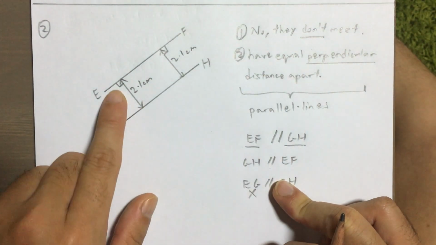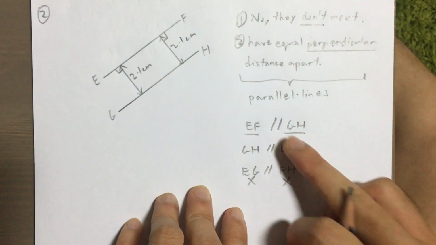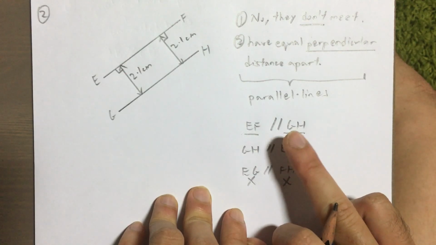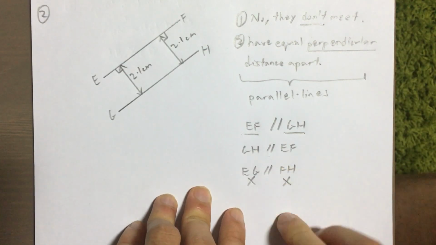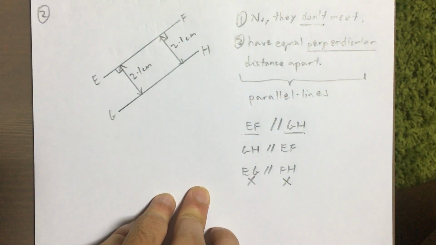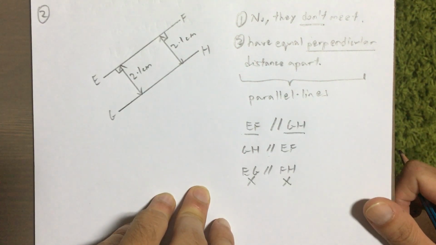If I use a set square and measure the perpendicular distance, it is always the same. And for that, I use a double slash to represent parallel lines. And this is all for the revision part. So after this, do your running revision on perpendicular lines, parallel lines and angles, and then we'll start on squares and right angles.